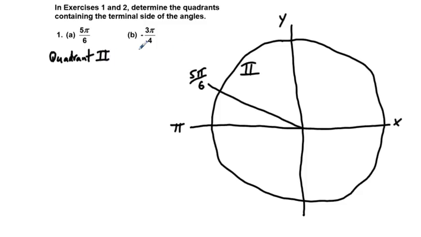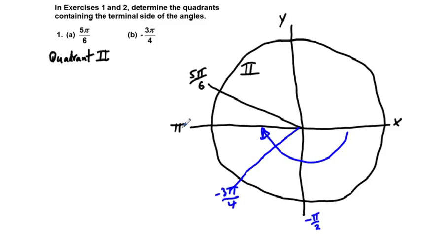And then we have part B, which is negative 3 pi over 4. Well, negative pi is going to be rotating this way, clockwise. And our negative 3 pi over 4 is going to be right here. And this here would be negative pi over 2 down at the bottom, and negative 3 pi over 4 would be right over here.